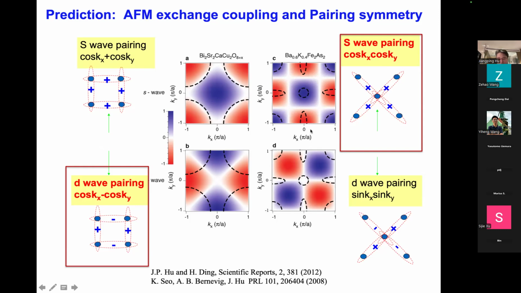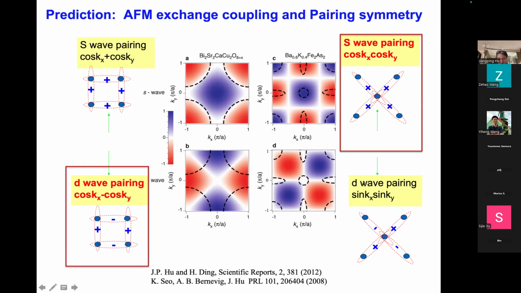But if you look at the iron-based superconductors, the antiferromagnetic exchange coupling actually comes from the second nearest neighbor irons, like this. Then the S wave has a form factor cosine kx times cosine ky, and the D wave will be sine kx sine ky. You can also look at the overlap of the Fermi surface with these form factors. For the S wave, the Fermi surface is all located in the large-value places.